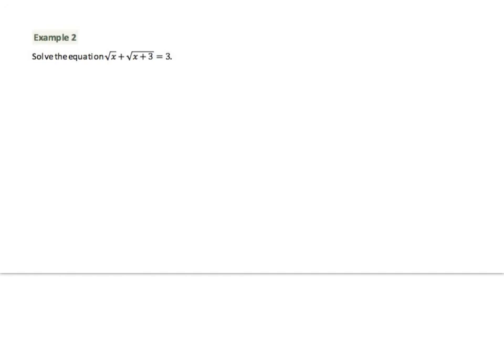Solve this equation. Okay, this is where we need to do a little bit of maneuvering. I still want a radical on one side, and I'm going to move the other radical over, and I hope you see why.